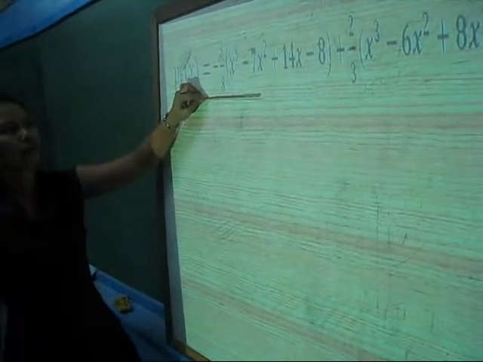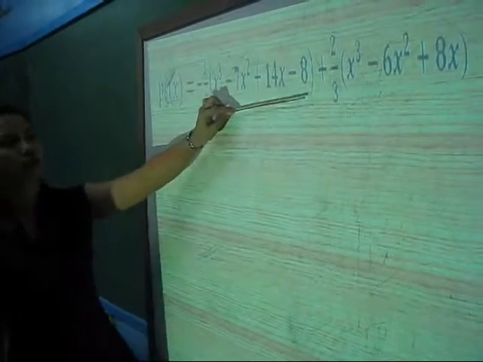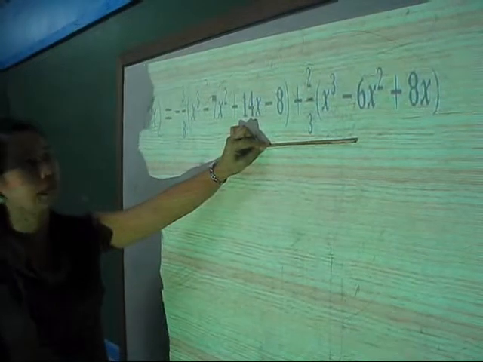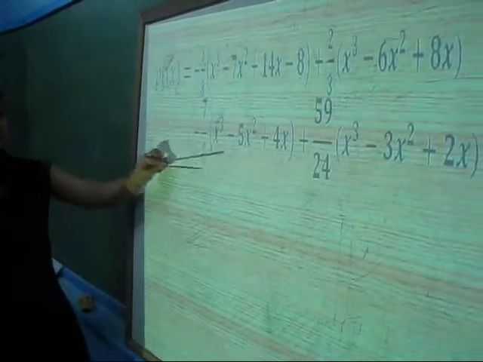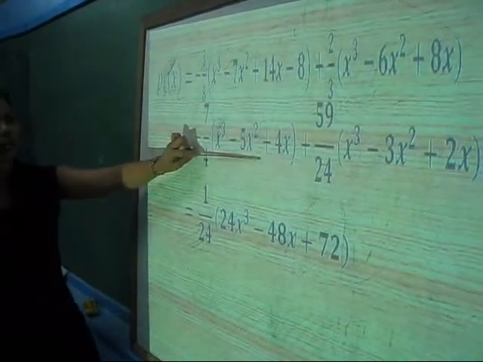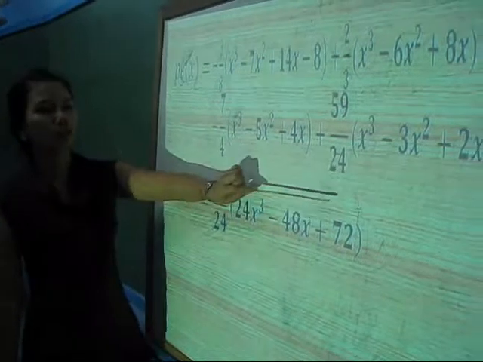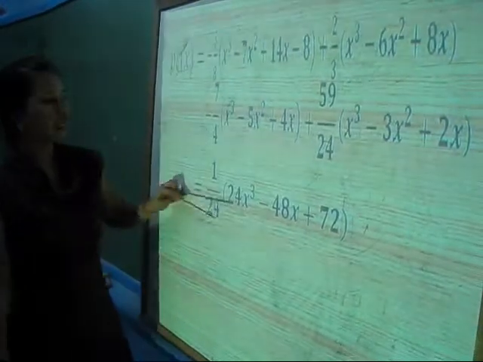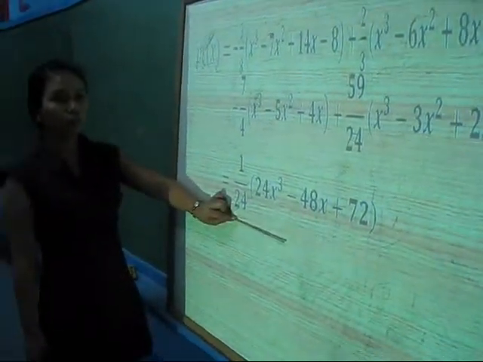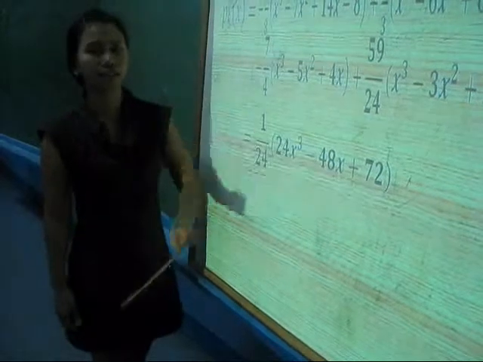And then p sub 3 of x will be negative 3/8 times x cubed minus 7x squared plus 14x minus 8, plus 2/3 multiplied by x cubed minus 6x squared plus 8x, minus 7 over 4 times x cubed minus 5x squared plus 4x, plus 59 over 24 multiplied by the quantity x cubed minus 3x squared plus 2x, which would be equal to 1 over 24 times 24x cubed minus 48x plus 72.